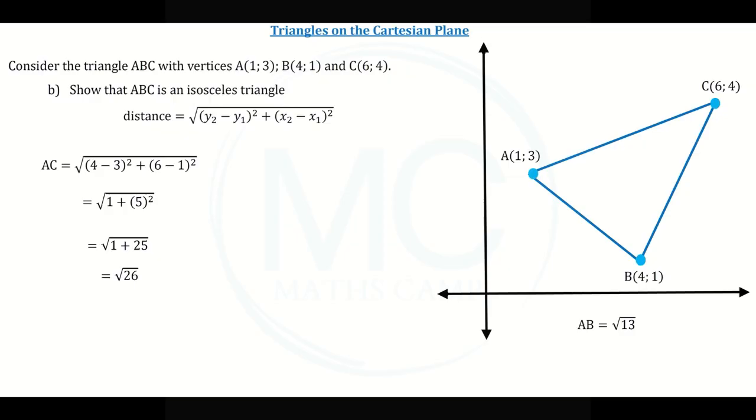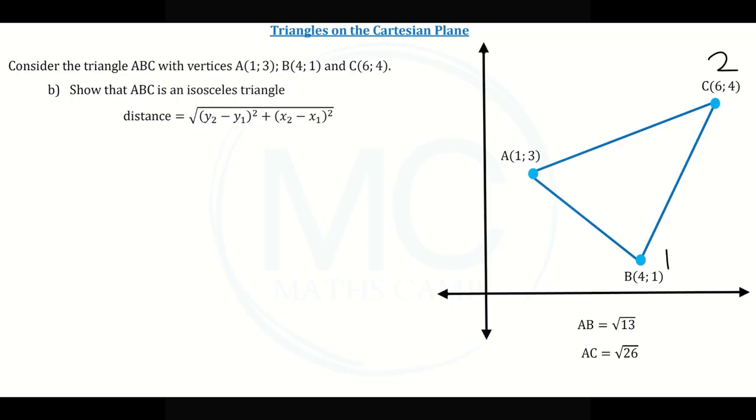So now we need to find the length of the side BC in the hope that it has the same length as one of the existing sides. So let's make some space. We can make a note of the length of AC down here as well. Now to find BC, let's say that B is our first point and C is our second.